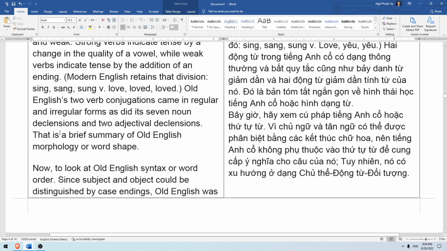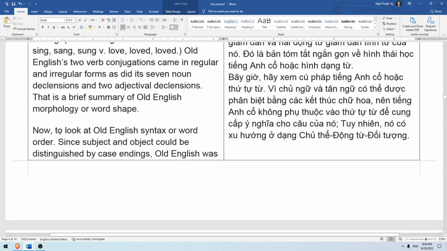Modern English retains that division: sing, sang, sung; love, loved. Old English's two verb conjugations came in regular and irregular forms, as did its seven noun declensions and two adjectival declensions. That is a brief summary of Old English morphology, or word shape.